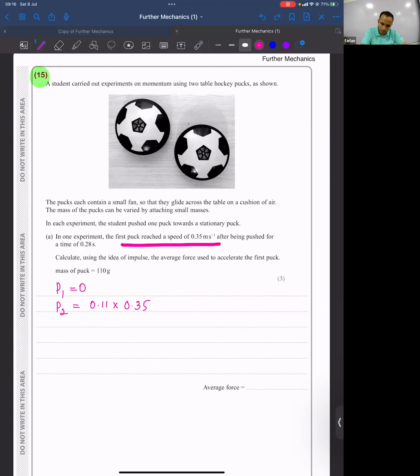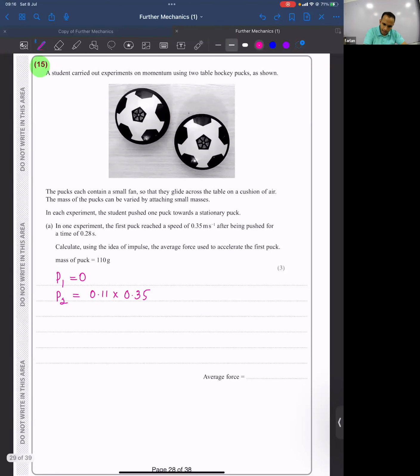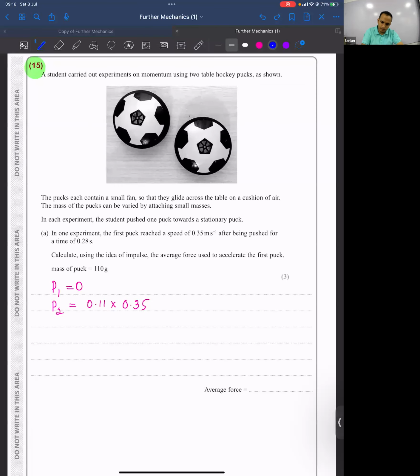So initial momentum of it was 0. It was stationary. And then when it reaches a speed of 0.35 meters per second, its momentum is 0.11 into 0.35. That is 0.0385 newton seconds. So the impulse that has acted, impulse is equal to change in momentum. Correct? So the change in momentum is 0.0385 newton seconds, because the initial momentum is anyway 0.